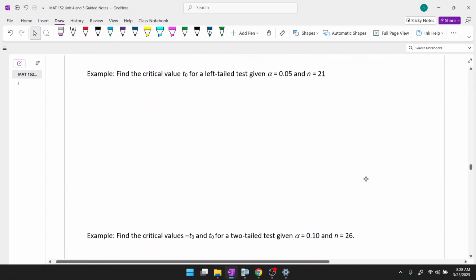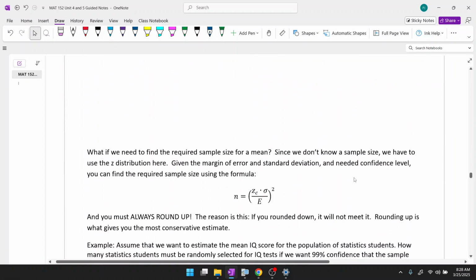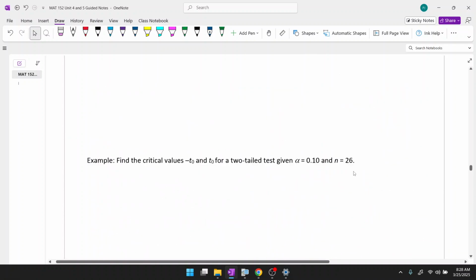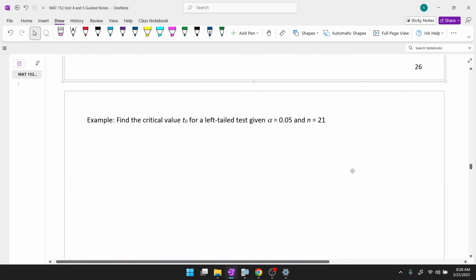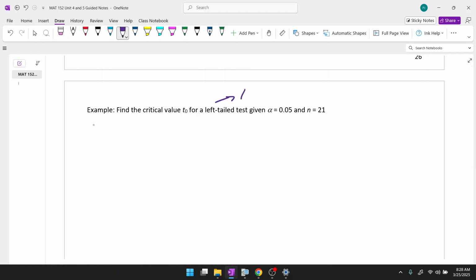Now, we're going to come back to this a little bit later. What we're going to do here is look at finding critical values. So, if we want to find the critical value t sub c for a left-tailed test, since it's left-tailed, it will be negative.